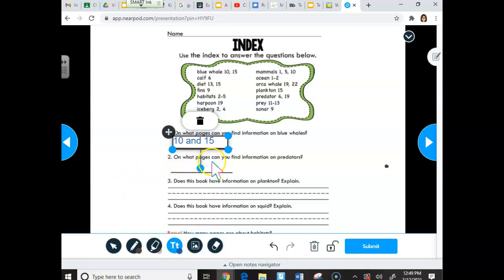Number 2, on what pages can you find information on predators? We're looking for the P's. M-O-P, that's plankton. Predator, what page, guys? 6 and 19.